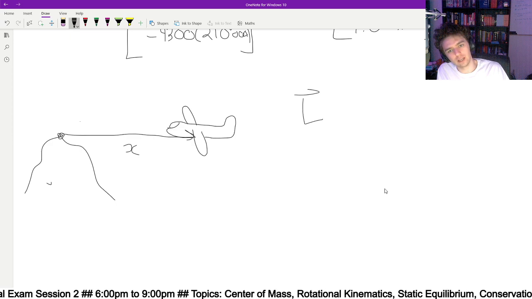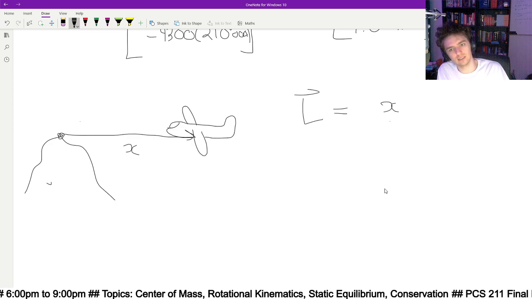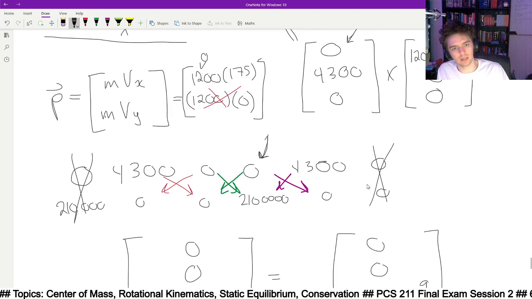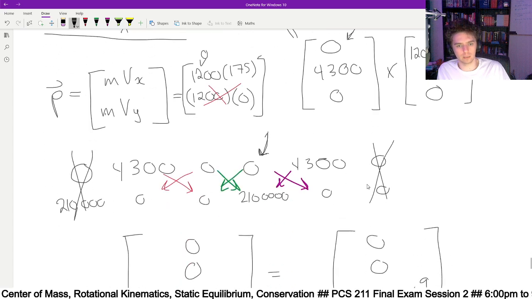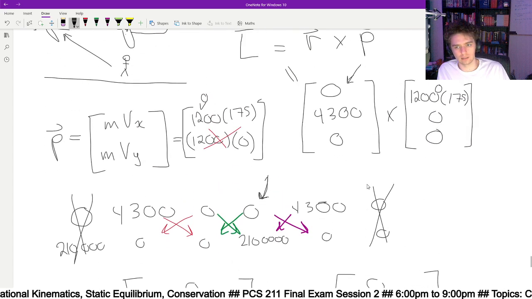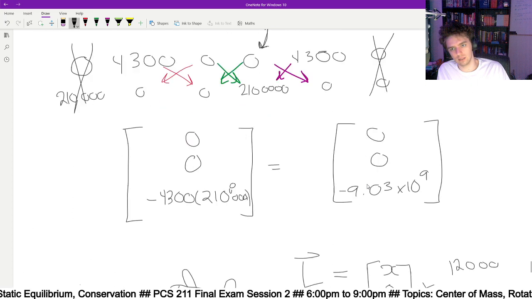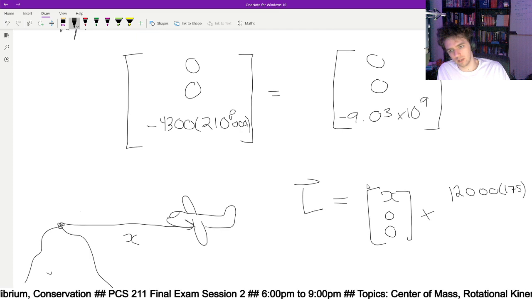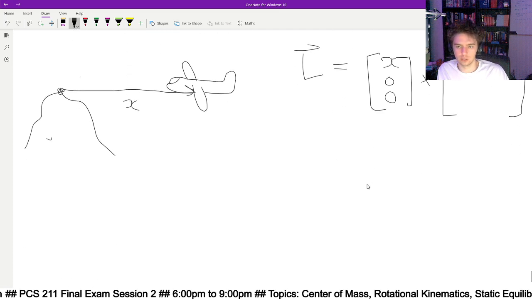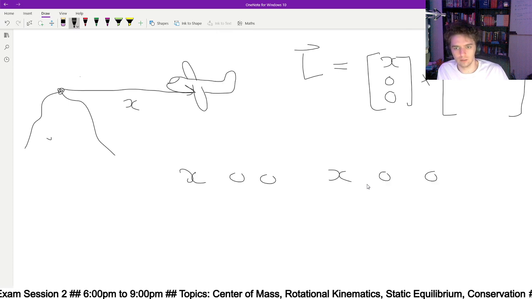So then the angular momentum is going to be the radial vector, which is just x 0 0, crossed with the same linear momentum vector, which is 12,000 times 175 times that. So this is just going to be x 0 0 crossed with the momentum.